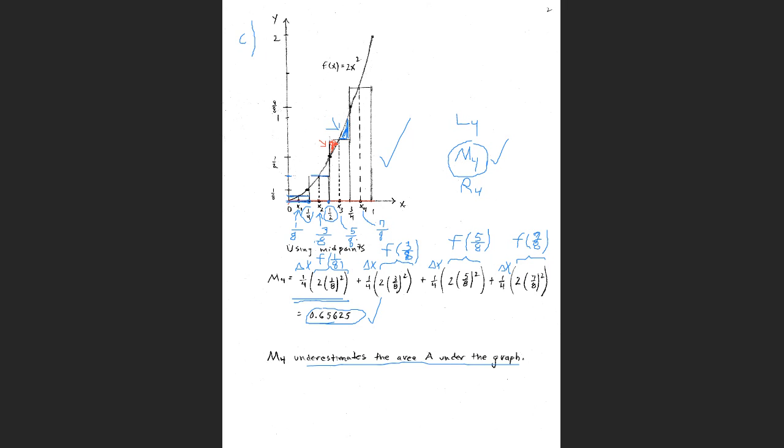Okay, so 0.65625 here is an underestimate of the true area under the graph, because for every rectangle there's red area that is in our estimate, but blue area that we didn't get, and the blue area outweighs the red area. So the balance will be that you have an underestimate.